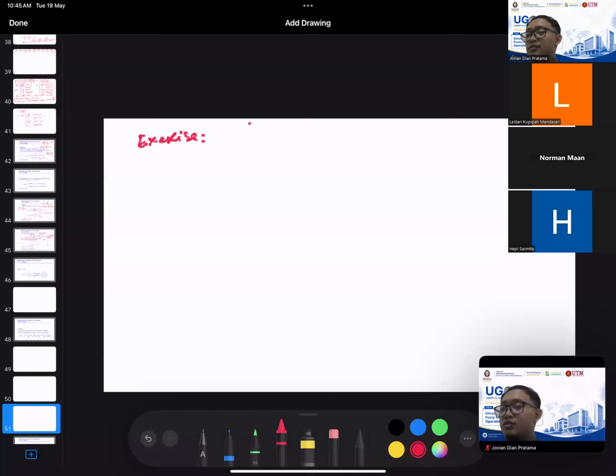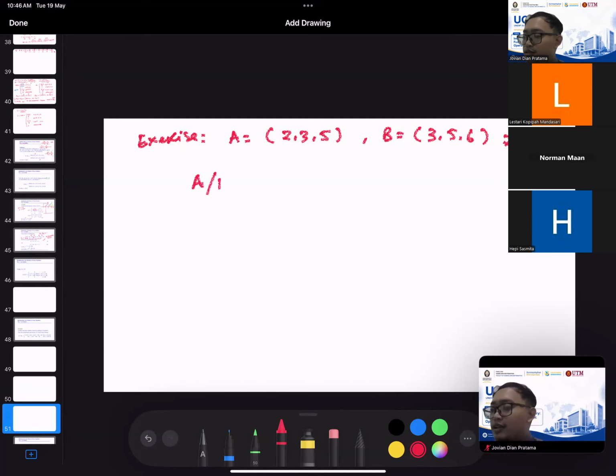So exercise, when your fuzzy number A, I just represent in terms of 2, 3, 5. So let's say B is in terms of 3, 5, 6. So from here, I think you are able to see. And then what I want you to do is A, B. And maybe you can try on your own later on. Try and then you will get the answer, definitely.